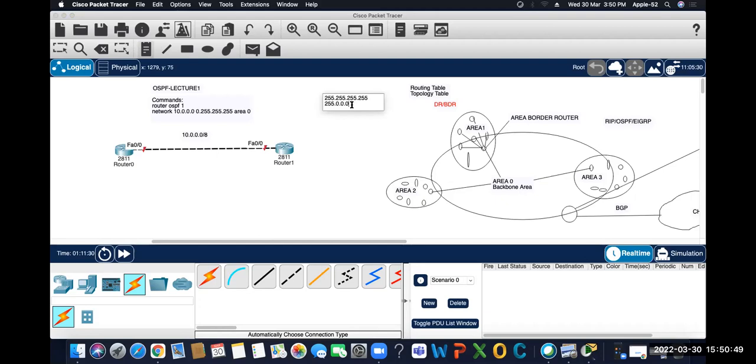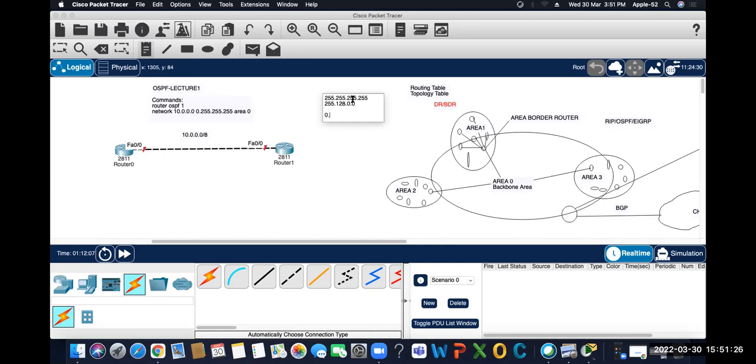It is not as some people say, that wherever there is 255, just give 0 there, and wherever there is 0 in the subnet mask, just give 255 there, that would be the wildcard mask, meaning the opposite of the subnet mask. That is not true. Just subtract it from all 255s. For example, if your subnet mask is /9, that means 255.128.0.0. In that case, your wildcard mask would be 0.something.